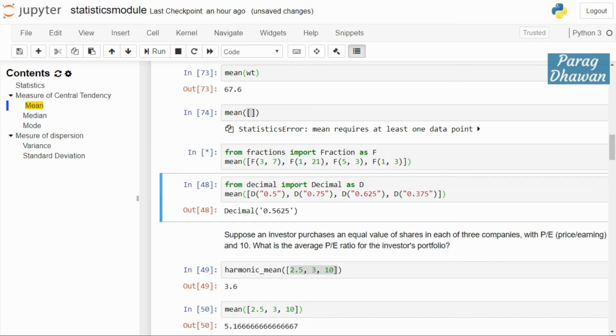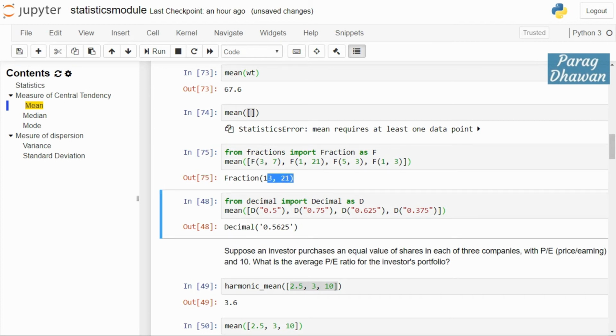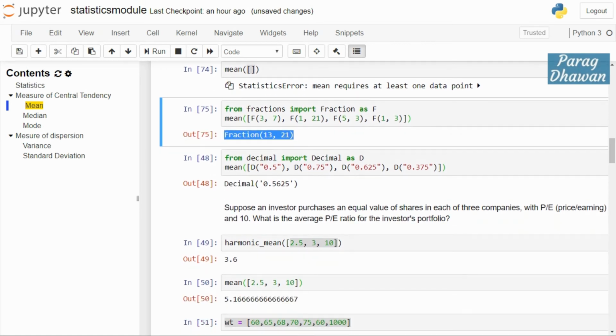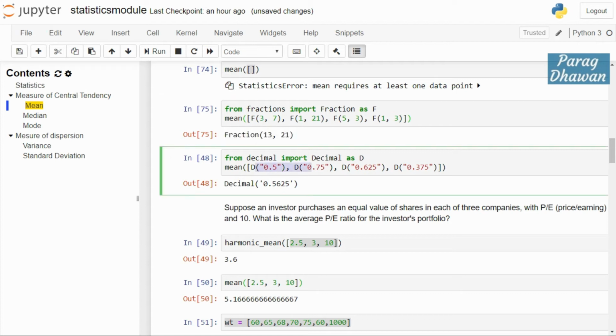When you compute the mean, the result is a fraction, the mean of the fractions we gave as input. Decimal is also a function available in the module decimal, which will represent decimal values, and for these decimal values we will compute the mean, and that mean will be represented as a decimal. Click on the cell, run the cell.